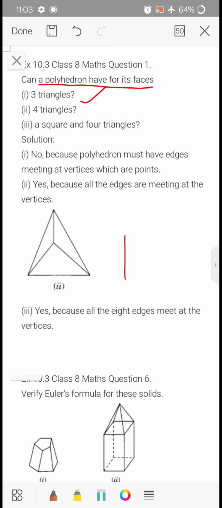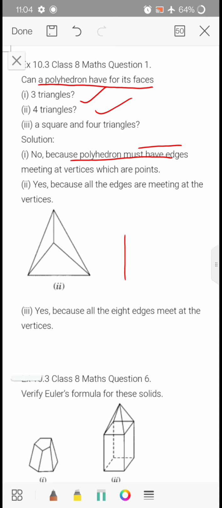Previously in the first introduction only we have seen that a polyhedron cannot have 3, it must have minimum 4. So the first one is no, polyhedron must have edges meeting at vertices with each points. Next is 4 triangles. So yes, it can have 4 triangles.